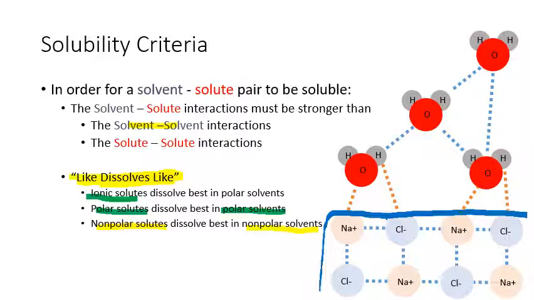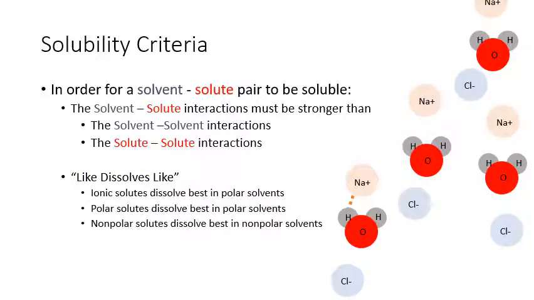We have to overcome these interactions between the solid and the solute. And if you can overcome both of those, and you can form bonds and interactions between the solvent, the water, and the NaCl, the solute, that are stronger than the interactions to the other water molecules and the interactions to the other salt molecules, then that salt will go into solution.